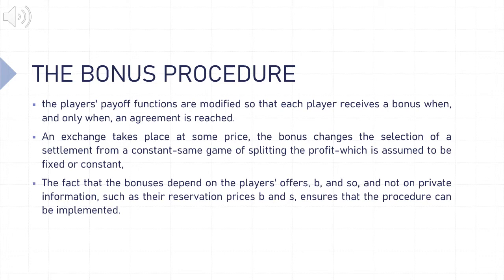Given that an exchange takes place at some price, the bonus changes the selection of a settlement from a constant-sum game of splitting the profit, which is assumed to be fixed, so that what one player wins the other loses, into a non-constant-sum game wherein both players receive added value depending on the settlement they reach. Possible sources of this added value, which will vary with the players' strategy choices, will be considered later.